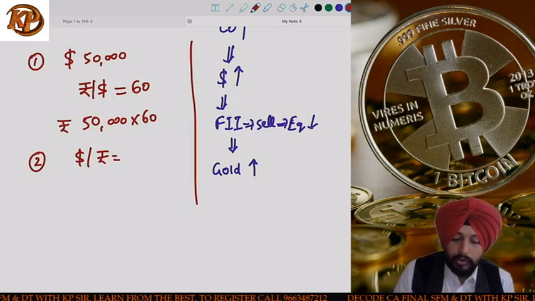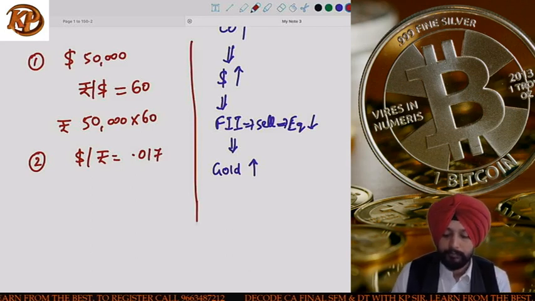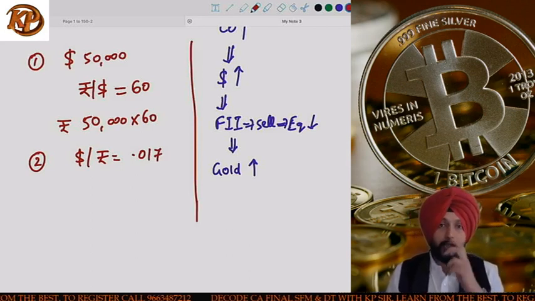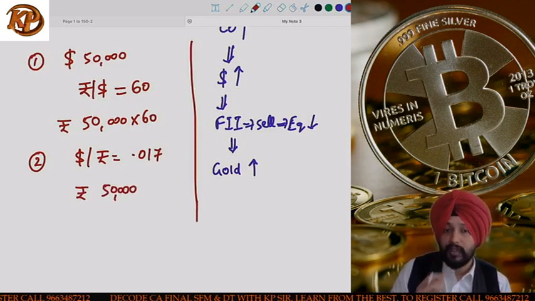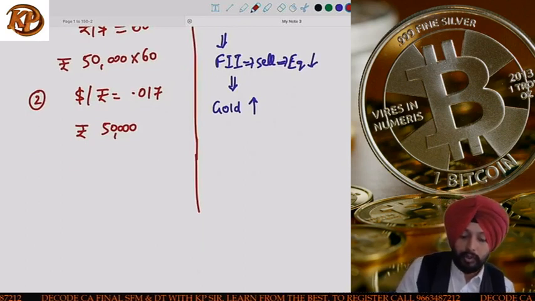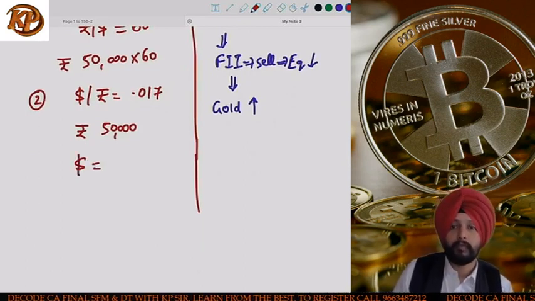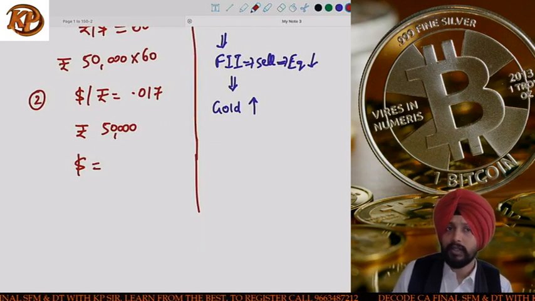Suppose this is your quotation: dollar per rupee is 0.017. You have 50,000 rupees. How much dollars will you get on conversion? Will I multiply? Answer is no, I will not multiply.